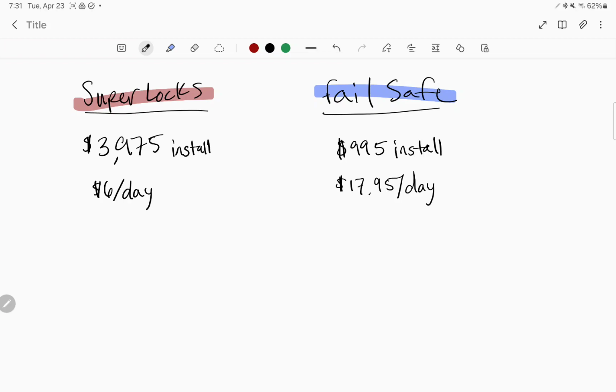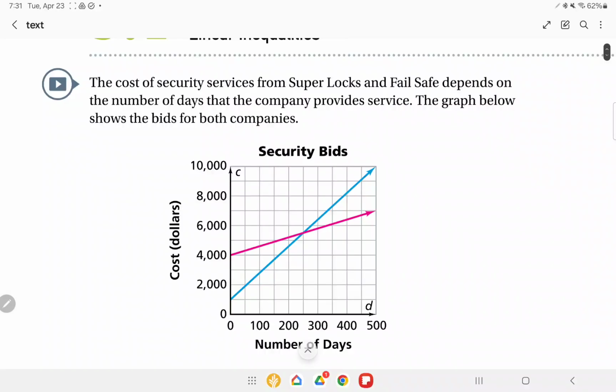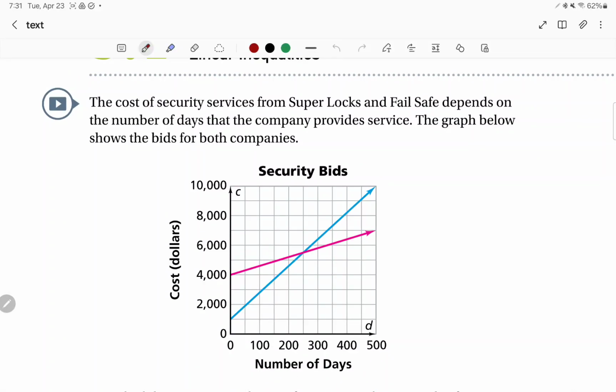And so if we look, they also give us a map. So let's take, not a map, but a graph. Let's take a look at that graph. And you notice that there's a red and a blue one. And so I highlighted these two companies. The Superlocks is the red one. So let's go ahead and label that. This is Superlocks. And we know that because remember the install fee, that's the initial cost, was almost $4,000.